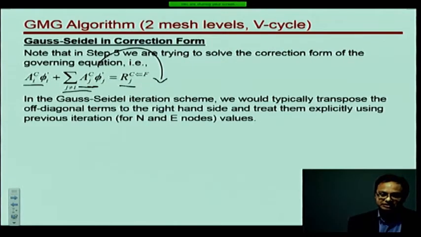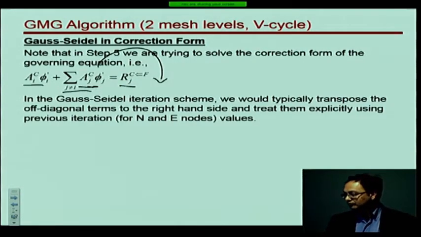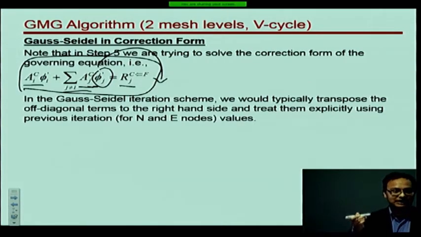Now what happens is, if you do, let's say, 1 sweep of Gauss-Seidel, you have to now solve this equation with some initial guess of phi prime, the correction. Just like you solve for your A phi equal to q, you start with some guess for phi and then you solve it. Here instead you have to start with some guess for phi prime and then solve it. So the very first time you do it, you don't know what phi prime is.